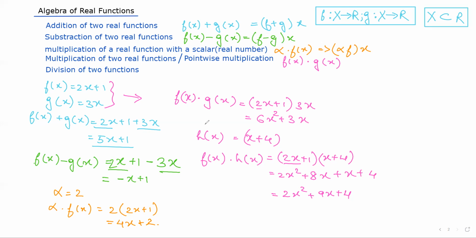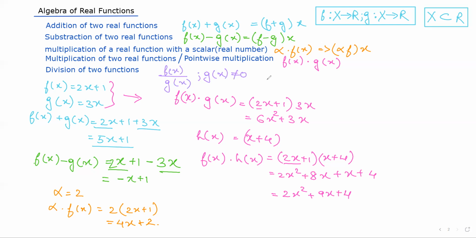Next, division of two functions. Let's consider the same functions, and we can write division of two functions as f of x upon g of x, provided g of x is never equal to 0.